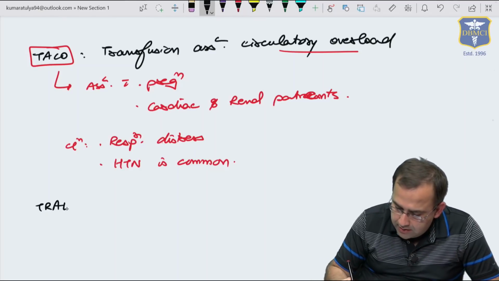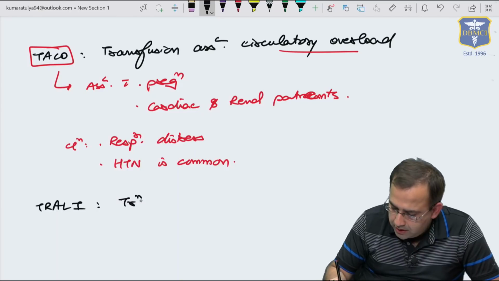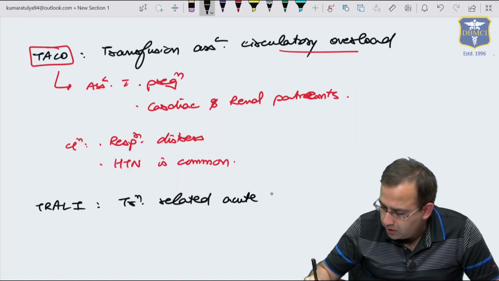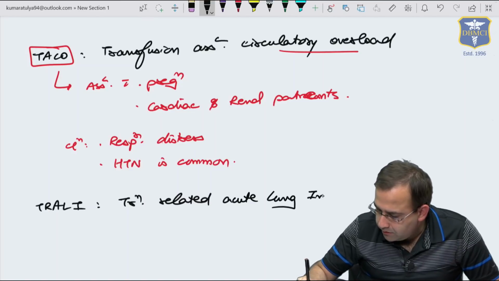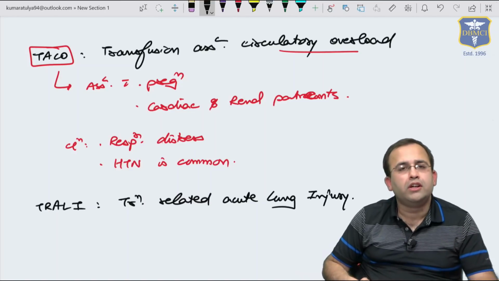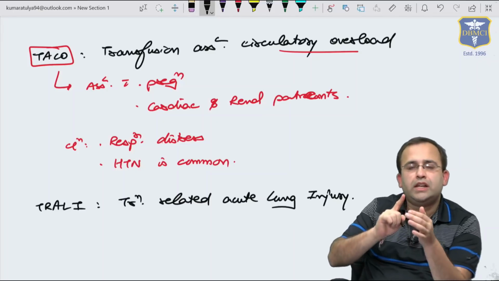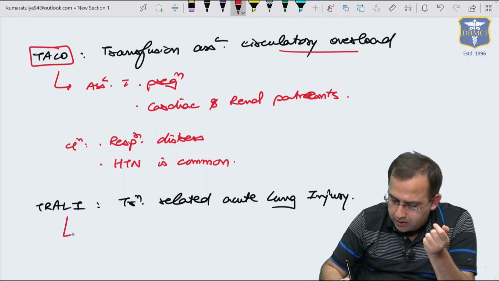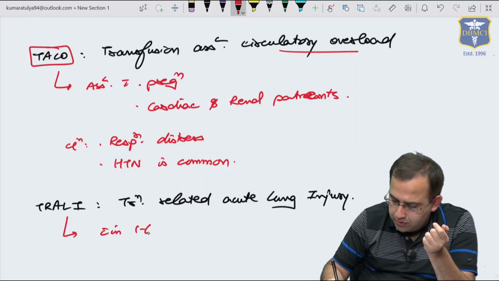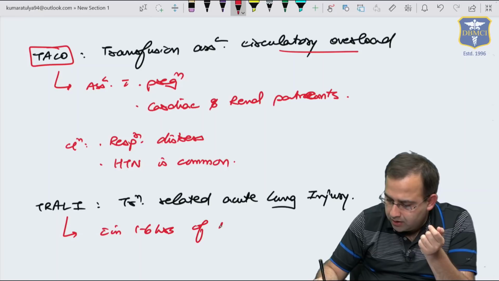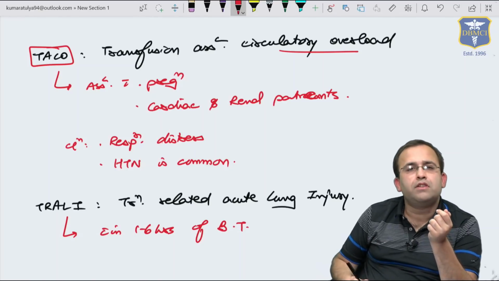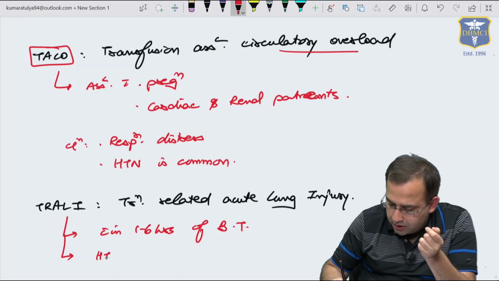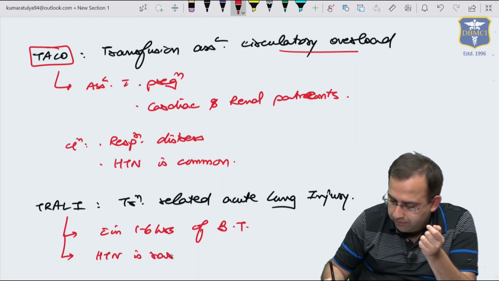TRALI is transfusion related acute lung injury. You very well know that TRALI is the most common cause of death after blood transfusions, occurs within 1 to 6 hours of blood transfusion, and hypertension is rare.